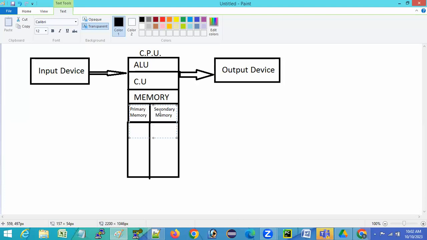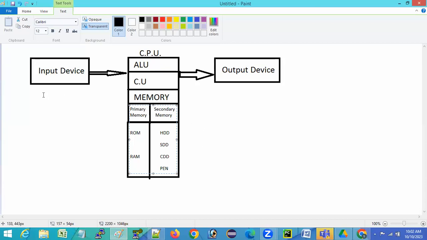In the primary memory, we have ROM and RAM, whereas in the secondary memory, we have HDD, SSD, CD, and pen drives. Like this, it has been divided, or it has devices like this.